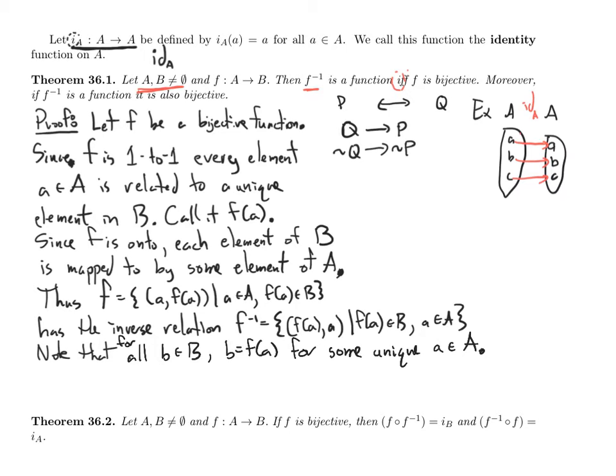And just to be clear, we know it's for all b in B because f is onto, and we know that this is unique because f is one-to-one. So that tells me two things. The first thing it tells me is that f inverse is a function, and f inverse is bijective.